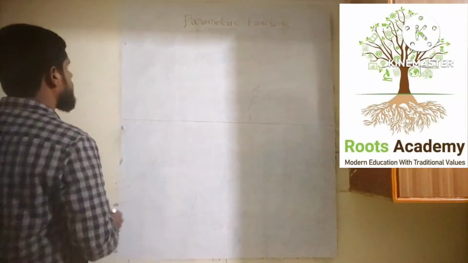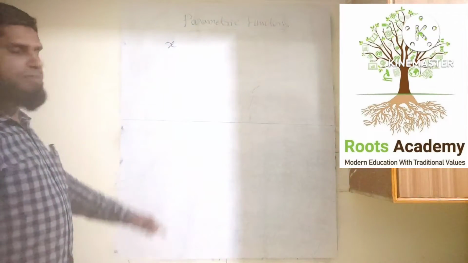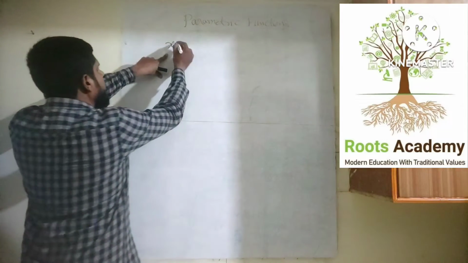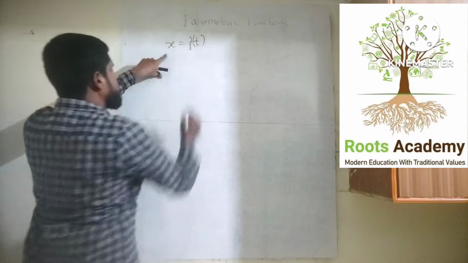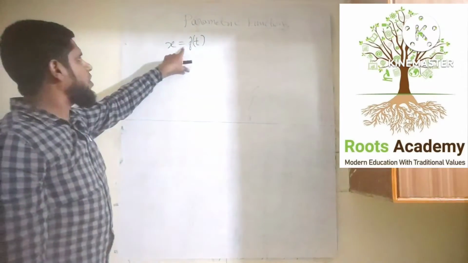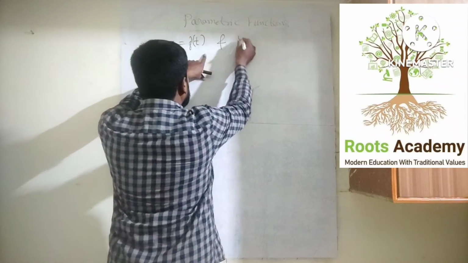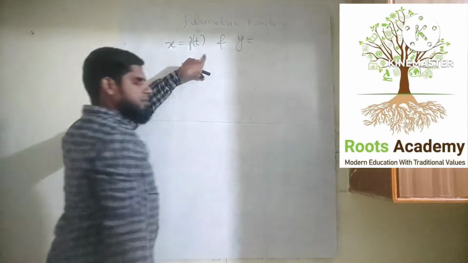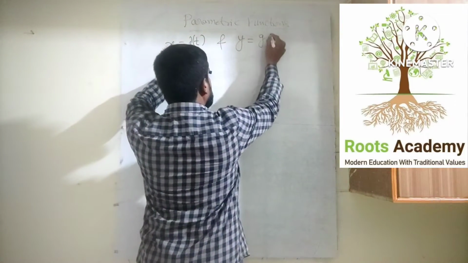In general, suppose I have a function x in terms of t, so x is equal to f of t, and I have another function y, which is equal to g of t.